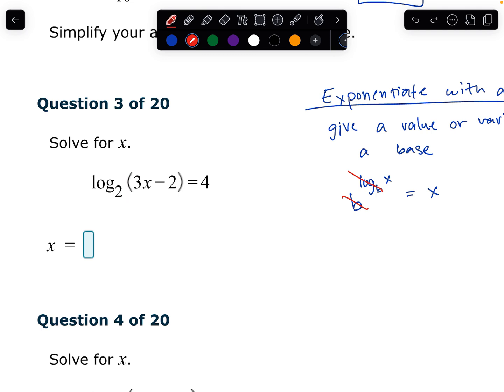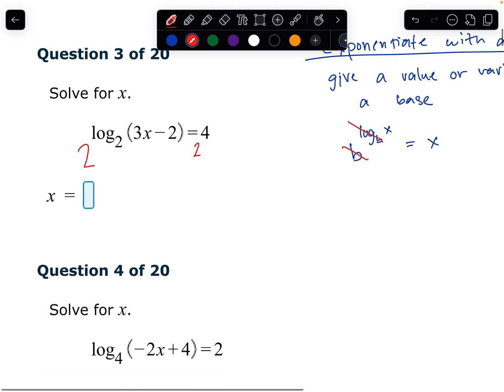What we're going to do is exponentiate the left side. So we're going to exponentiate, meaning that we're going to make this a base 2 and make this the exponent. But we have to do the same thing to the right side as we do to the left side. So we're going to exponentiate the right side as well with the same base of 2.